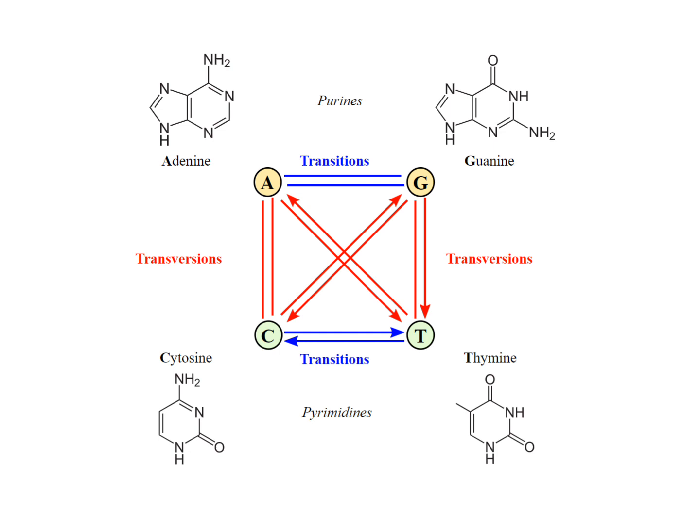Purine interchange is transition, pyrimidine interchange is transition. However, if a purine is changing into a pyrimidine and a pyrimidine into a purine, all these combinations result in transversion.